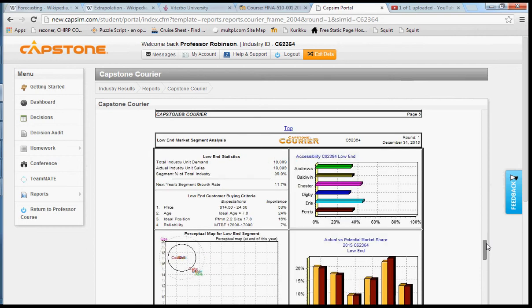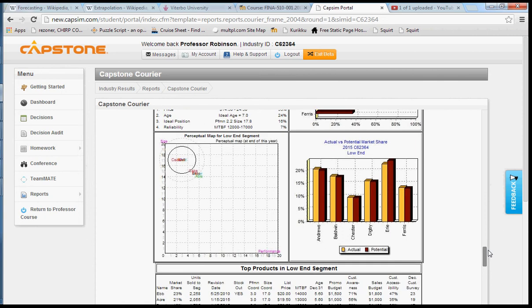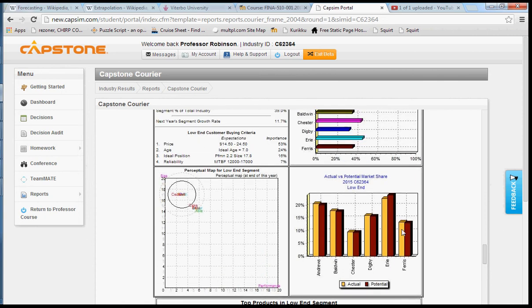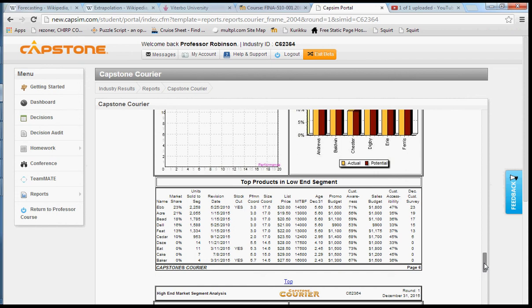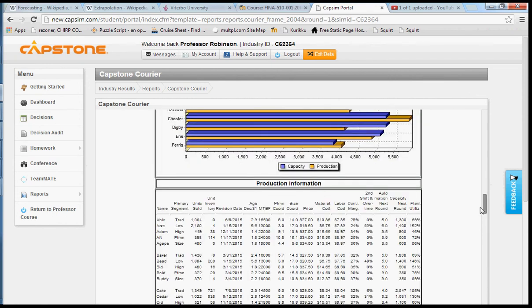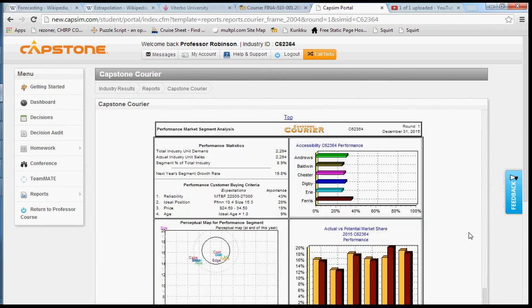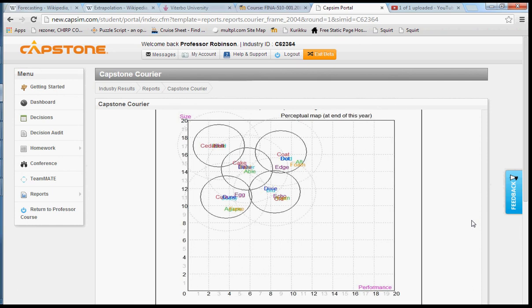This report is available for all 5 market segments, and each one has their own product lines and their own demands. In general, if we look at the top of the Courier, at the bottom, we have a picture of the 5 segments.